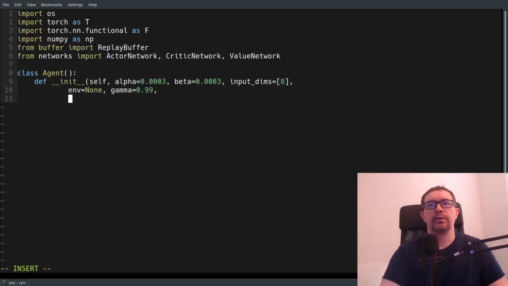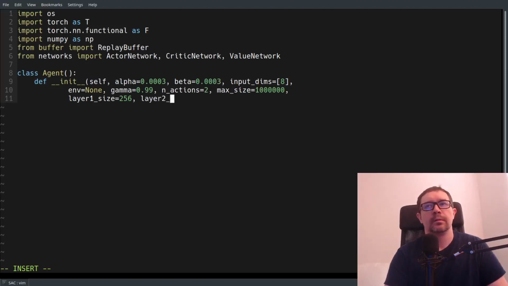Sorry, we also need a bunch of other stuff like n actions, max size. That is 1 million transitions for our memory. Layer 1 size. A batch size. That is a default of 256. And a reward scale of 2.